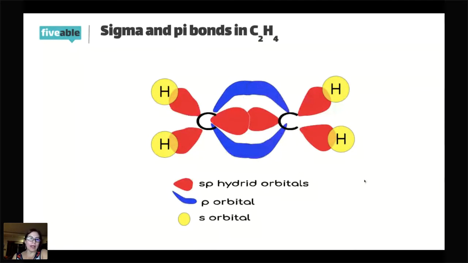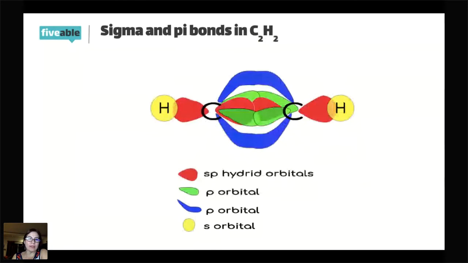So another example of sigma and pi bonds, now with a triple bond. Is this overlap of the red orbital sigma or pi bond? Sigma, Irene, yes, correct. Because the overlap is on the same plane as the nucleus of the atoms.